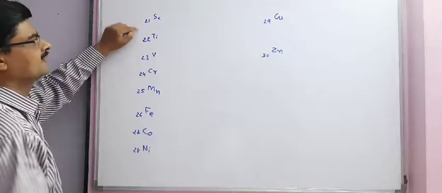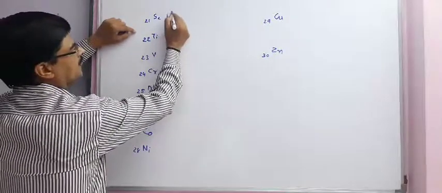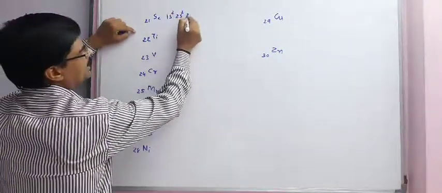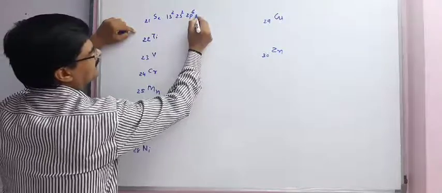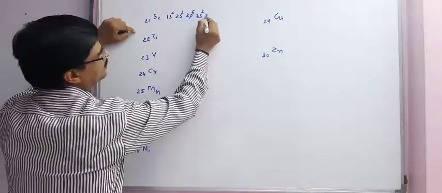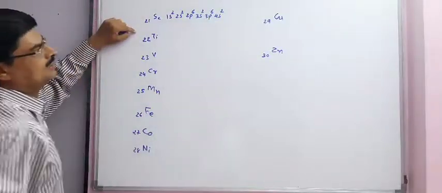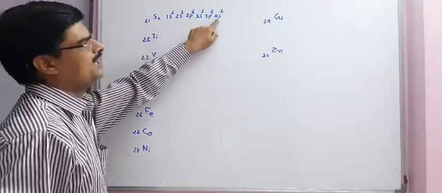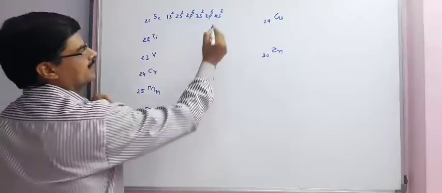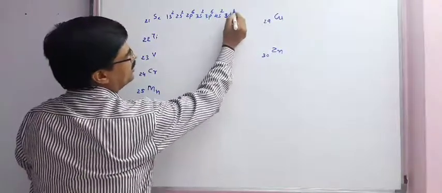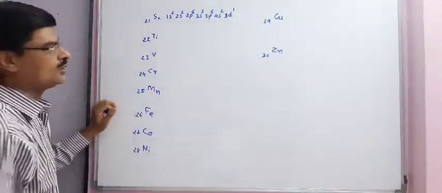First of all, Sc. 1s2, 2s2, 2p6, 3s2, 3p6, 4s2. So first of all, 20 electrons have been accommodated. Now, 3d orbital will get 1 electron.